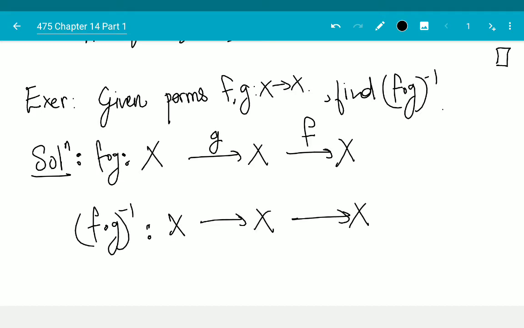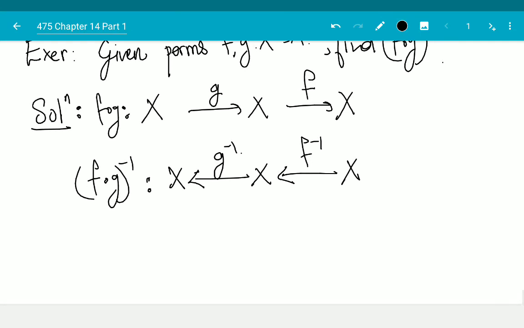So then this would become, I would again have these x's going as all these x's, but now the maps are reversed. I'll have f inverse and g inverse, right? And the direction has reversed.